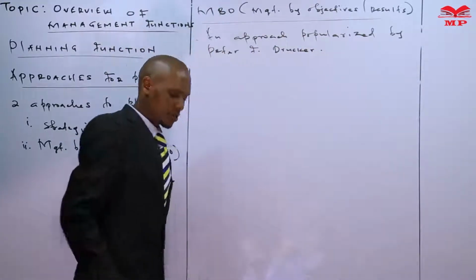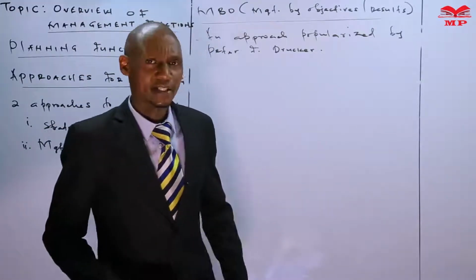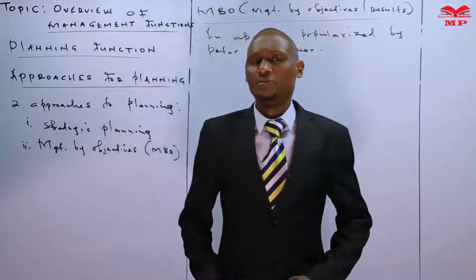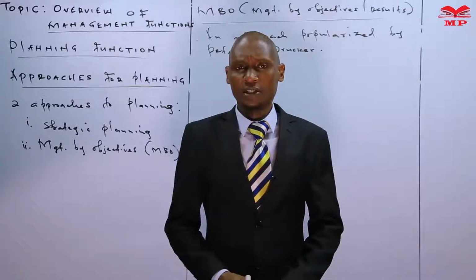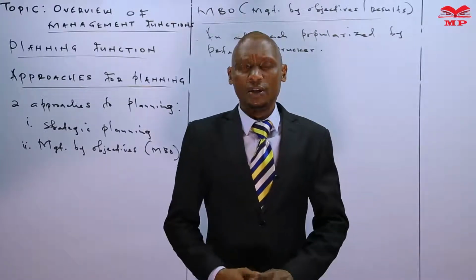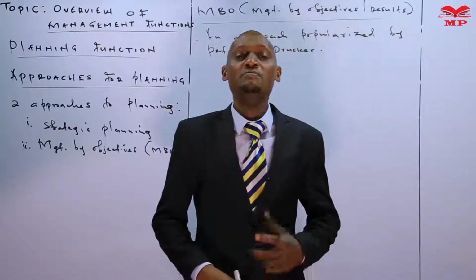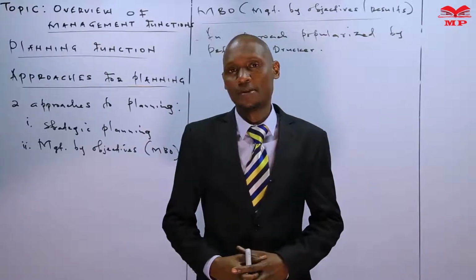What informed Peter Drucker's development of management by objectives? This was informed by the inadequacies of the traditional planning approach. And what was the nature of the traditional planning approach? The nature of the traditional planning approach was that managers would devise plans.